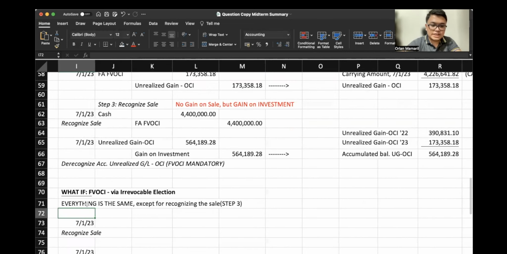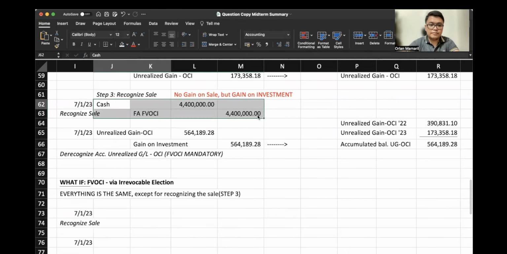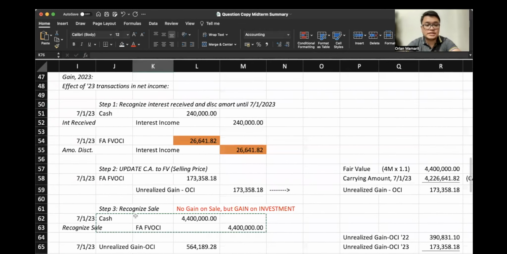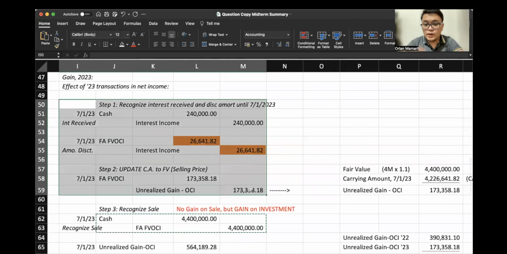So when we recognize the sale, in fact, this is the same: debit cash, credit financial asset. Again, step 1 and step 2, whether your FVOCI is mandatory or you made the irrevocable election, you have the same treatment.